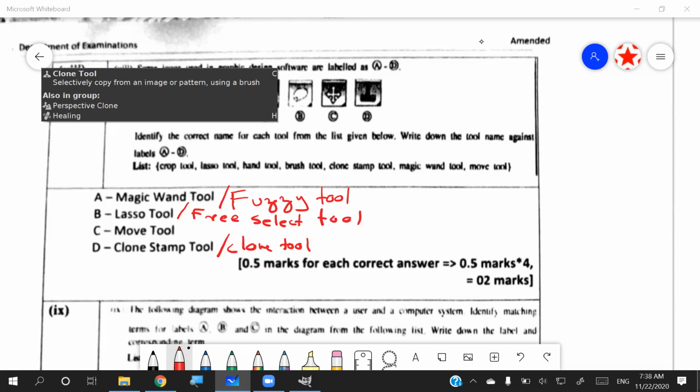I'll give you 0.5 for the move tool, and your first question is going to sum up to 18.5, not 20, because these 1.5 for A, B, and D, we will reduce it and discuss, because we didn't know about those things, right? But you better know the names from GIMP, right? And you can remember a lot of things by the icon, right? What the icon says, right? In your examination, definitely you will be receiving the terms which are related to GIMP, right?